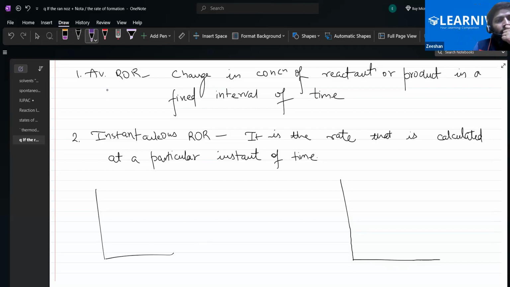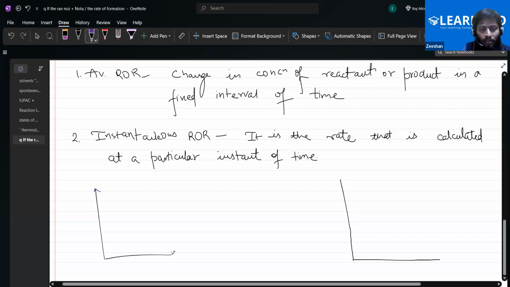Is product increasing or decreasing with time? Increasing. So you were confused earlier, right?